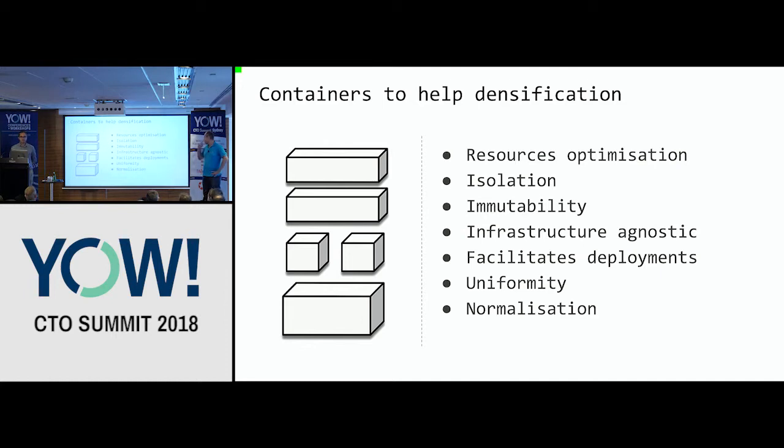These containers, as far as she understands, will help her optimize her resources. They will help her add isolation. Whatever happens in one container stays in that container. Whatever resources have been allocated to one container won't be overused, so the container will only use the resources that have been allocated to it.